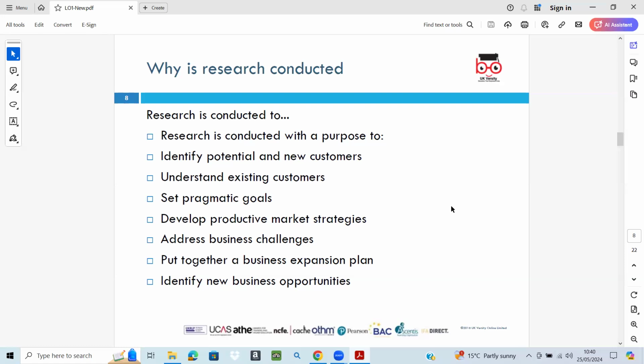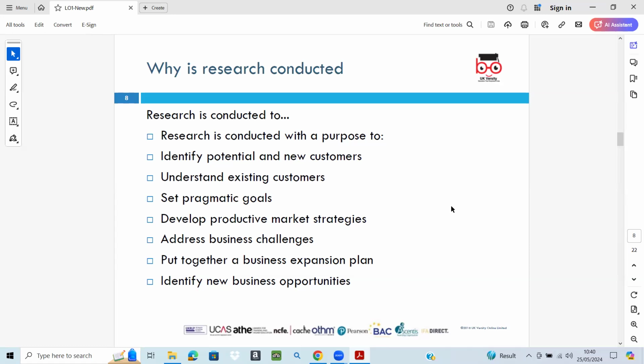An example is a company might conduct market research to identify demographic groups that are not currently using their products but could benefit from them. For example, a tech company might research potential users for a new app, and it could be aimed at senior citizens.